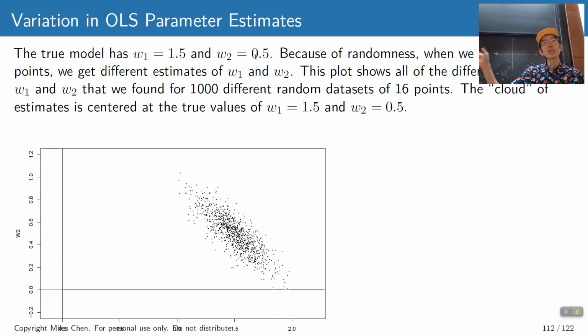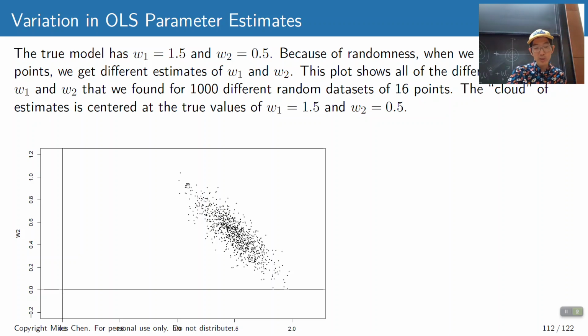And I think when we did it, we got something like 1.458 and 0.45, right? That was one of our values here. Here, I just ran the same thing 1,000 times. I said, let's generate random data and fit ordinary least squares regression. And when we do that, sometimes I got values as high as a slope of 2.0 for W1 and a slope of 0.2 for W2.